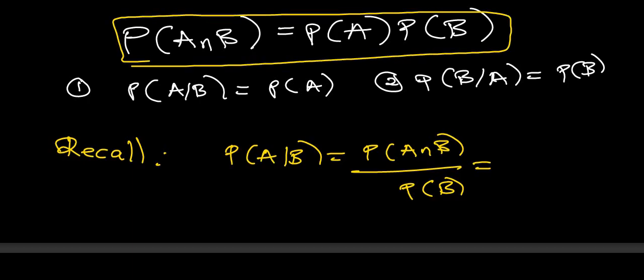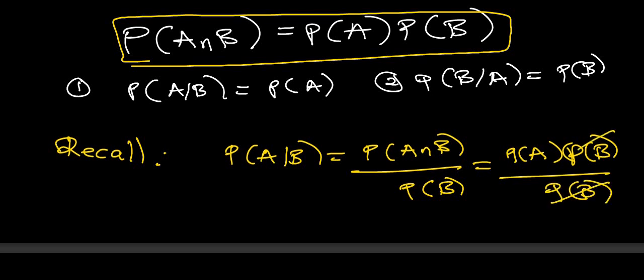So on top here, I can just say probability of A times the probability of B. Down here I have probability of B. So you're seeing that the B can cancel to give me probability of A. So that's why we're saying probability of A given B is equal to probability of A for independent events.